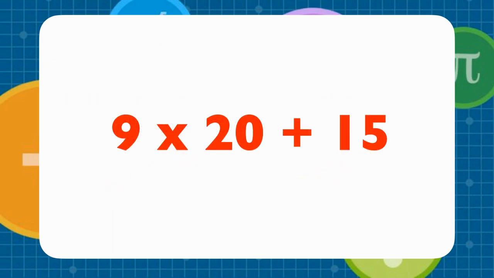In our last lesson, we learned that when there is more than one operation in the same number sentence or expression, you have to do them in a particular order to avoid confusion and getting different answers. Do you remember what the different operations were?